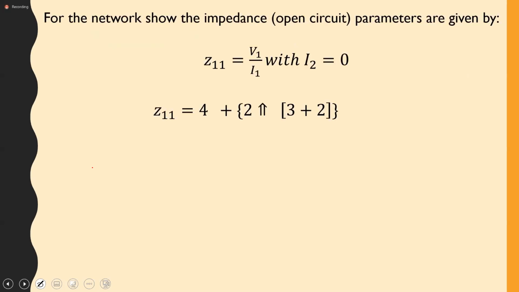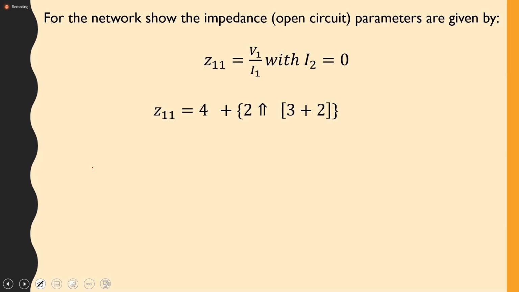And so for that, we have our resistance equation. That's 4 in series with 2, which is in parallel with 3 and 2. Now note, of course, that the second 4 ohm resistor would not come into play because we have an open circuit. So we have the 3 in series with the 2.